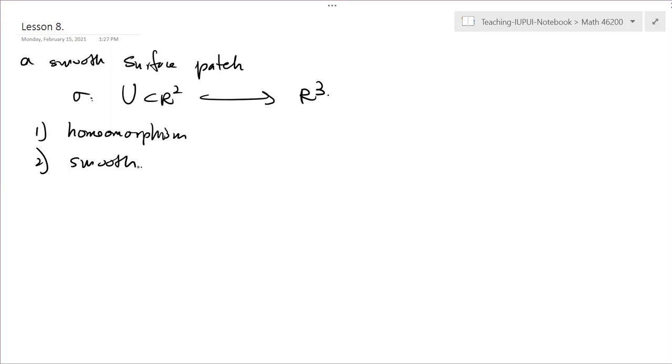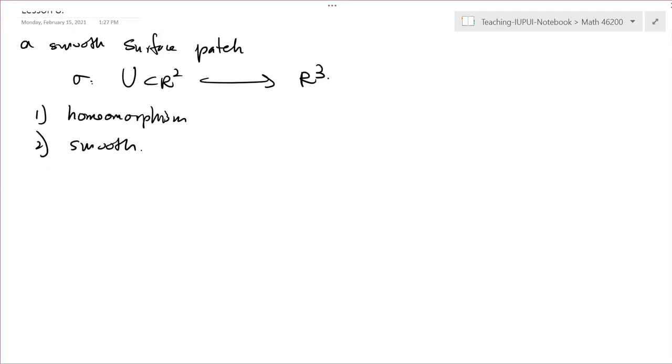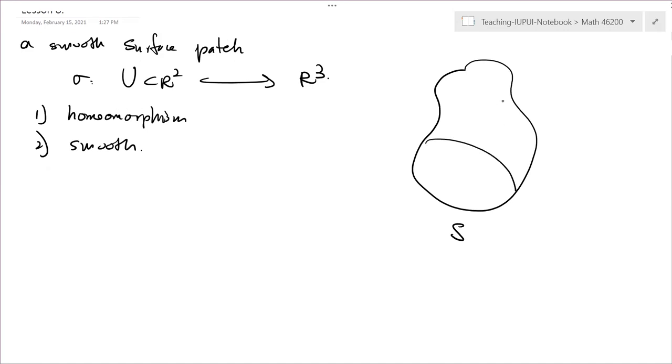A surface in space means you can cover it by many small surface patches. For example, a set is called a surface if it can be covered by many small surface patches.